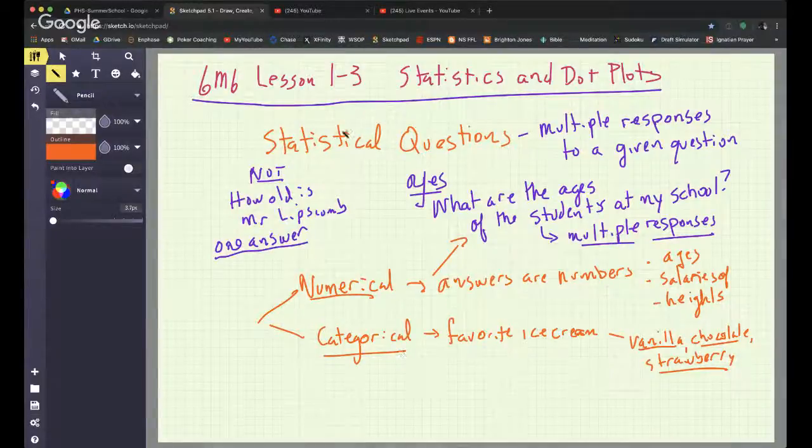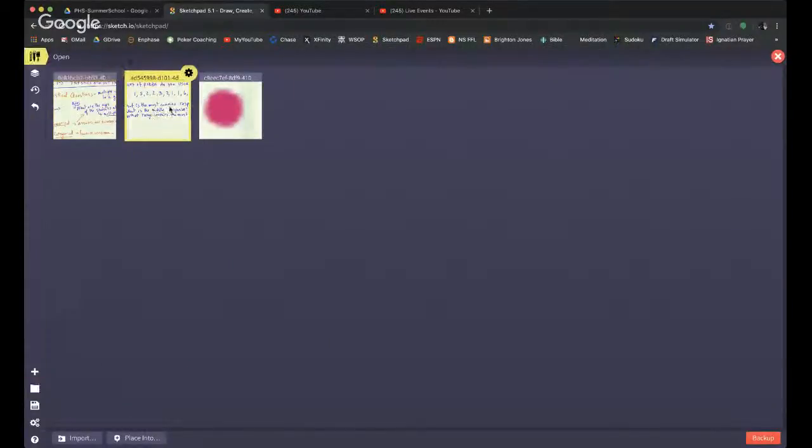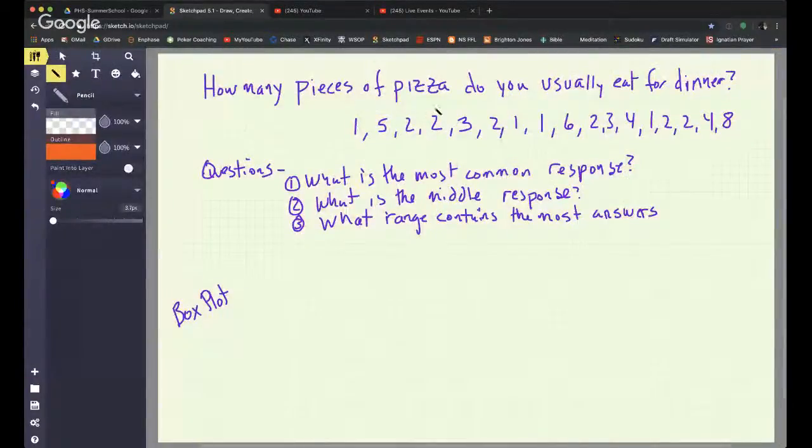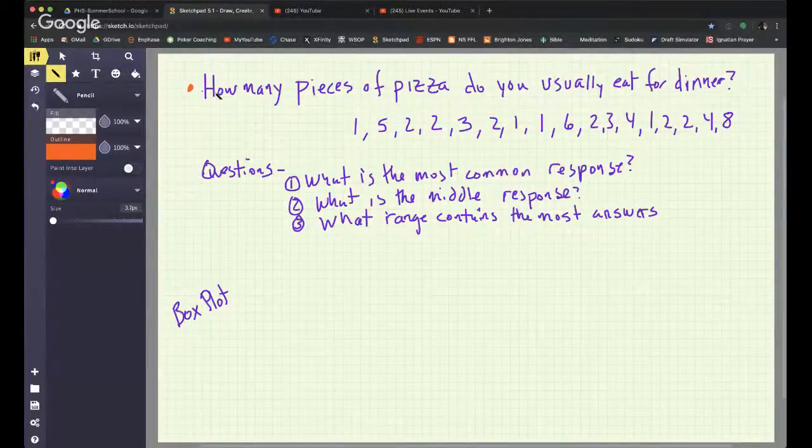So let's go a little bit deeper, and let's talk about looking at some data. Here's a statistical question. I asked all of the teachers in the middle school at my school, how many pieces of pizza do you usually eat for dinner? One person said 1, one said 5, two said 3, another person said 2.